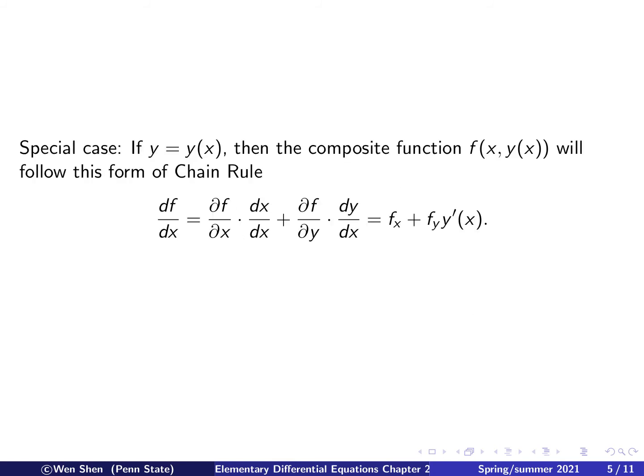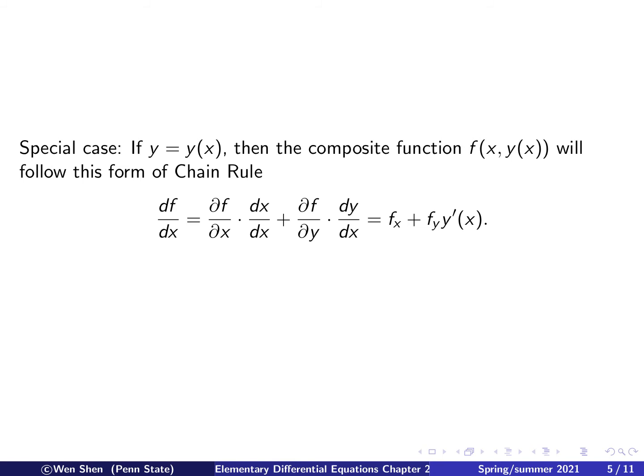Now, there is a special case of interest in the study we were doing here. That is, if now y is a function of x, and then that function f, which is a function of x and y, we now form the composite function f of x and then y of x. So this in the end becomes a function of x. Then we can compute the derivative, using the chain rule for this one.